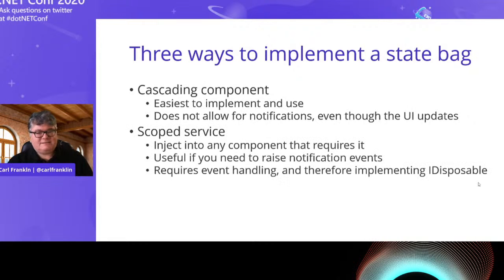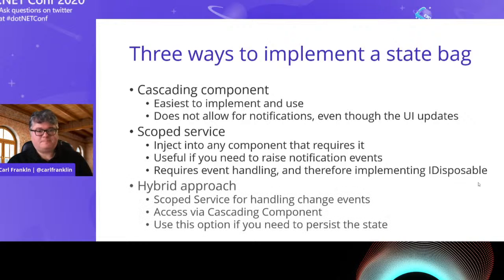The next way to do this is with a scoped service. With a scoped service, you can inject it into any component that requires it, as an add scoped service. It's useful if you need to raise notification events, but it does require some event handling code, and therefore implementing IDisposable in any component or page that needs to handle that event.